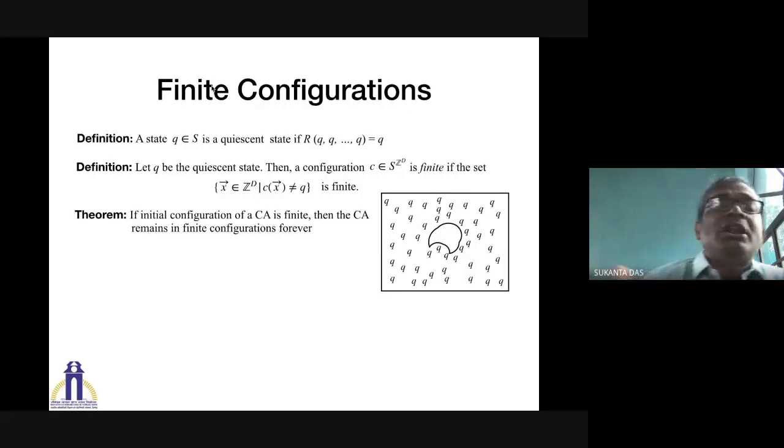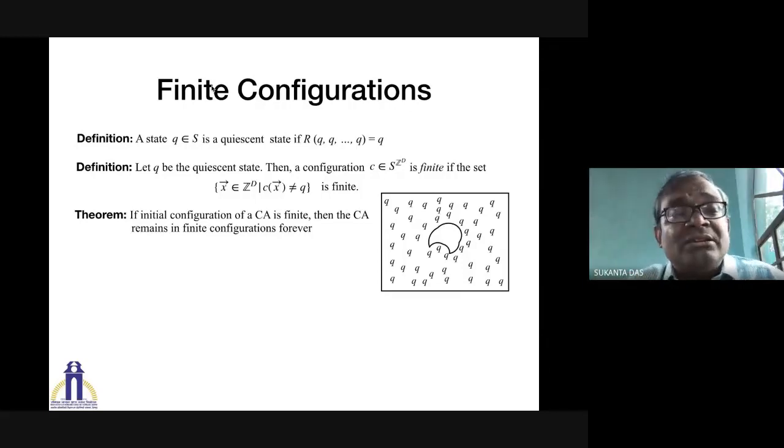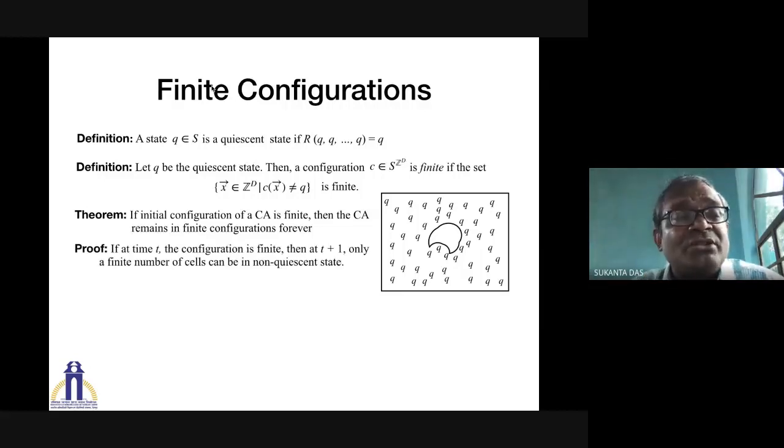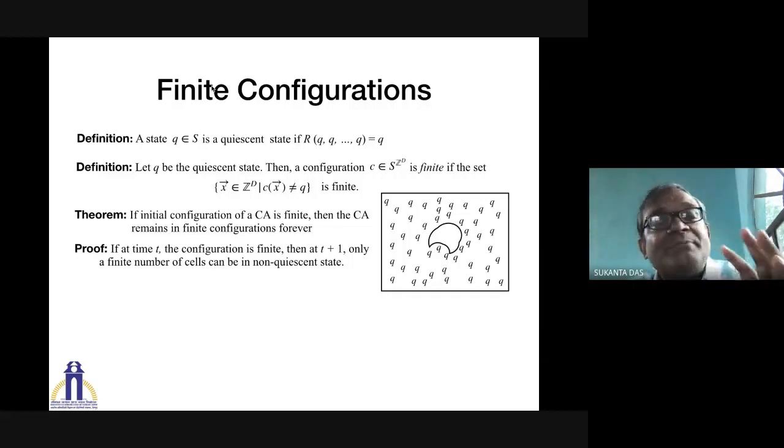So no matter how much time you run it, the CA will always be in finite configurations. The proof is very simple, we can prove it by induction. I'm giving you an outline. Suppose at time t the configuration is finite.